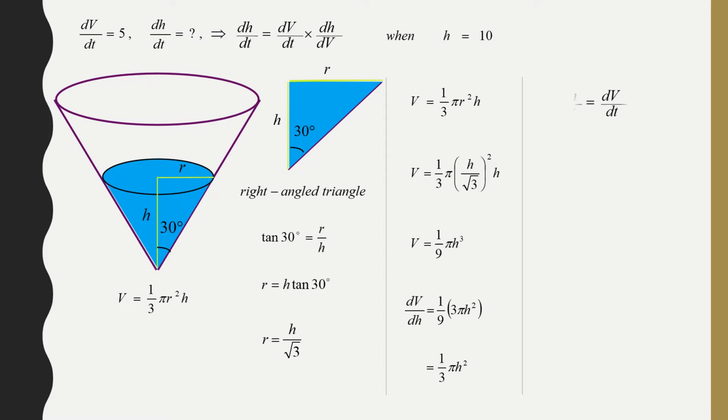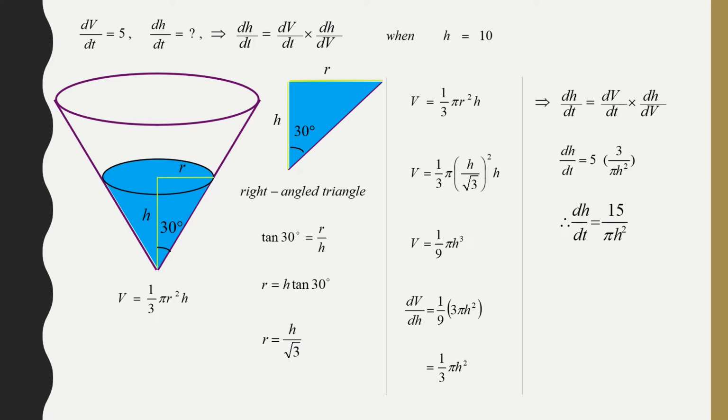Then to find dH over dt, it is equal to dV over dt multiplied by dH over dV. We substitute dV over dt with 5, and dH over dV we can invert pi H squared over 3. So dH over dV is 3 over pi H squared. Then dH over dt is equal to 15 over pi H squared.